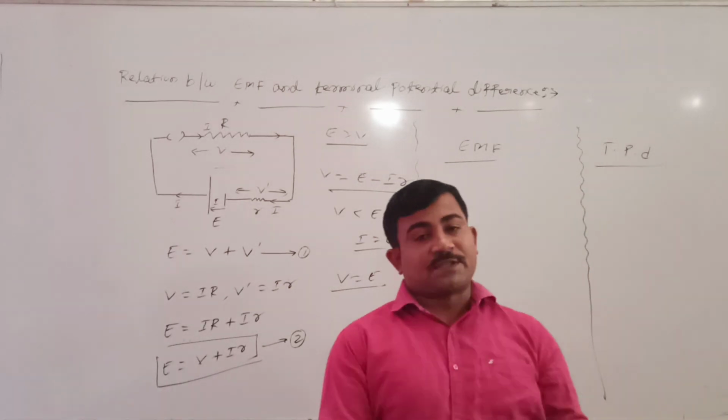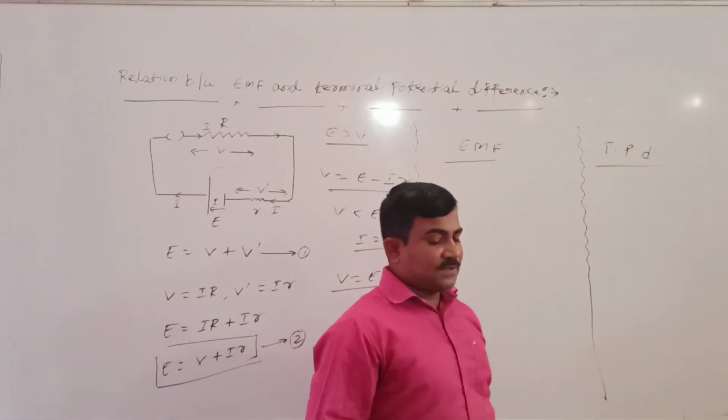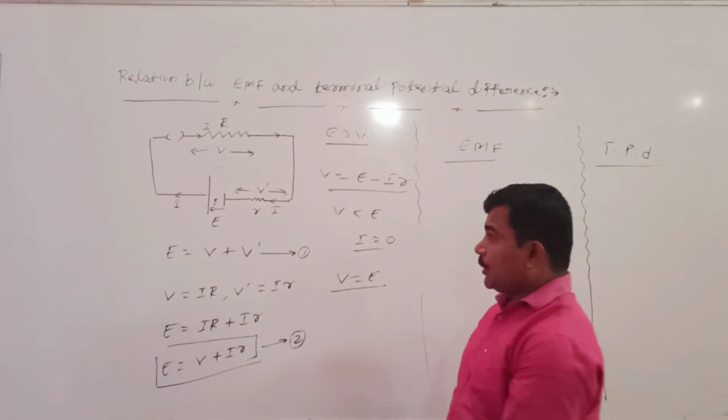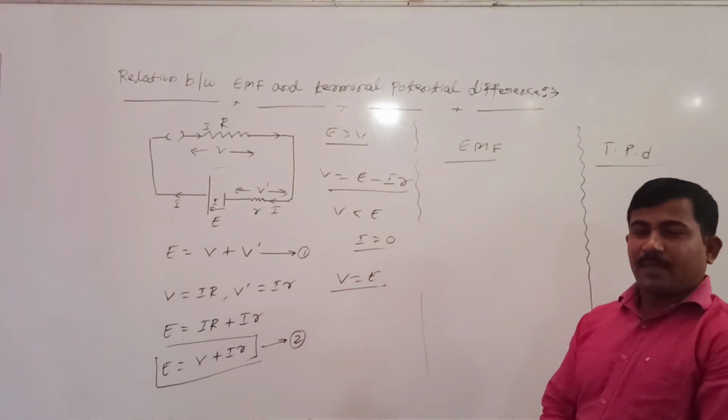How to make the difference here? What we said? EMF is the potential difference between two electrodes when circuit is open. Right?